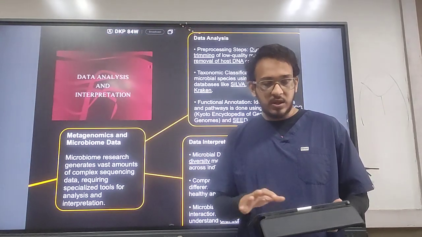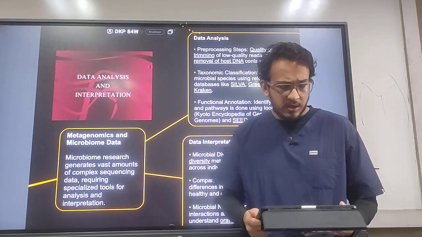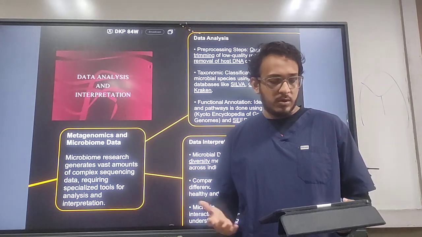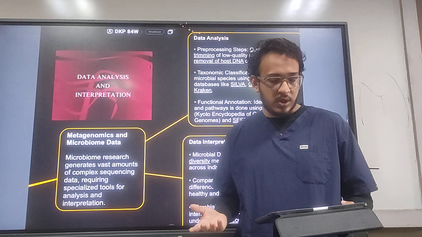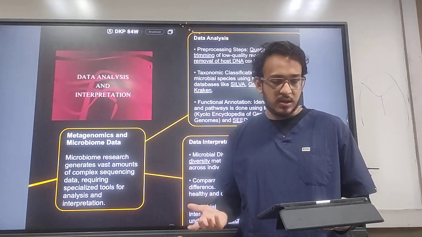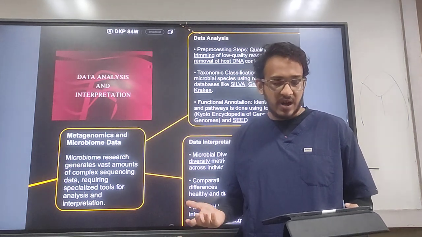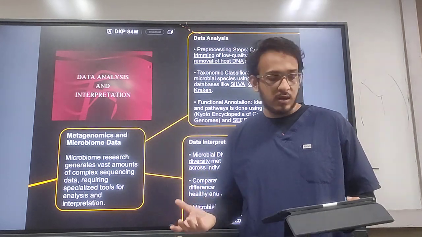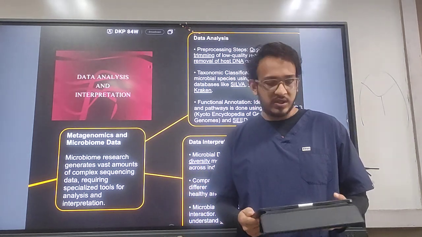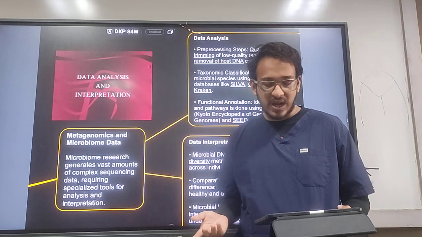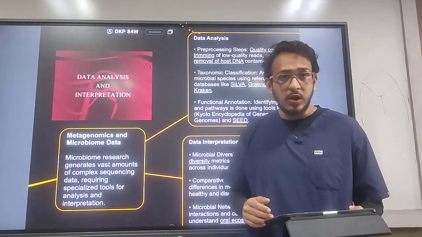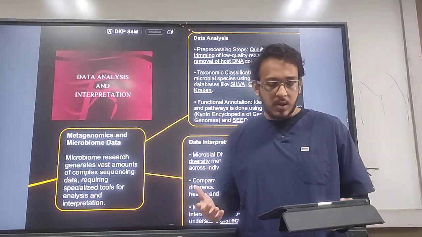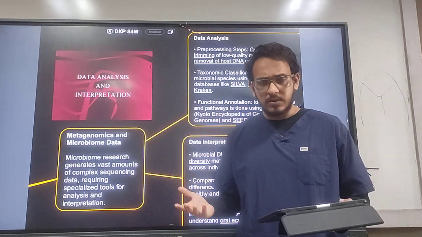So after the sequencing, we come to what is known as metagenomics and microbiome data. The data that has been collected from the sequencing has to be analyzed and interpreted for understanding.